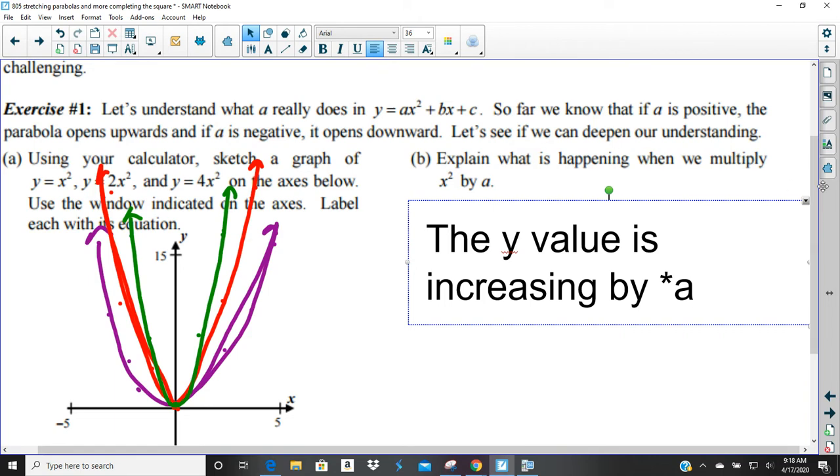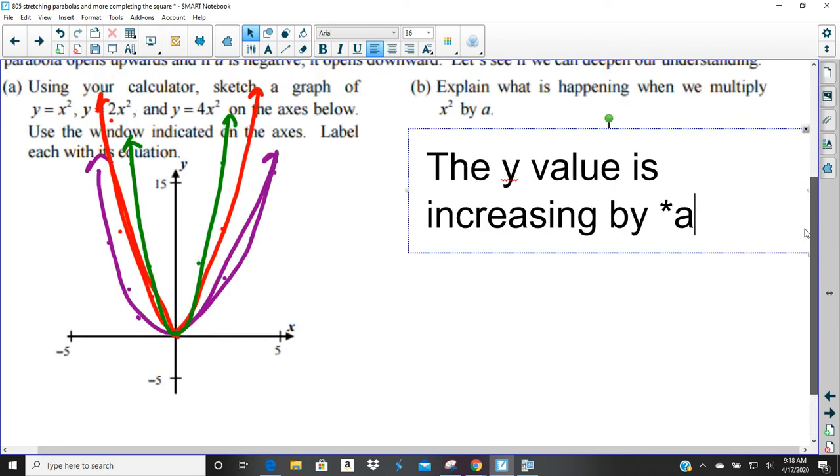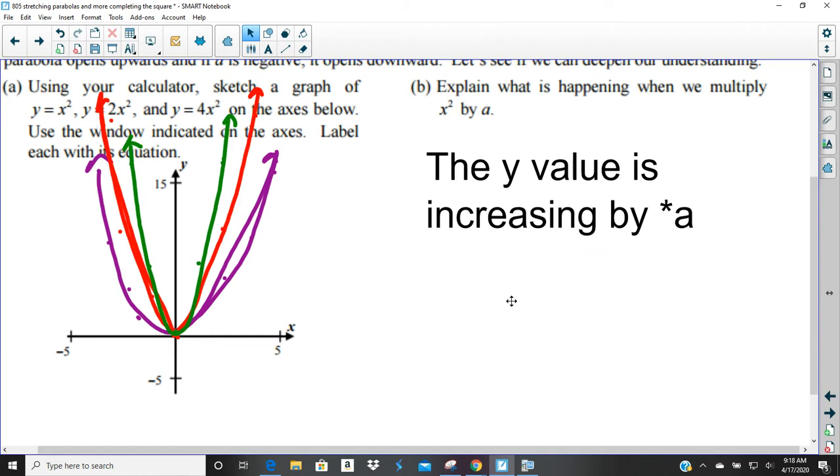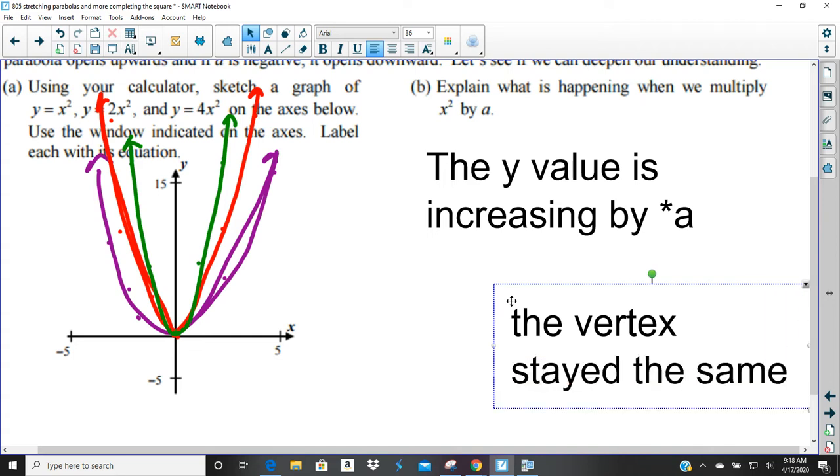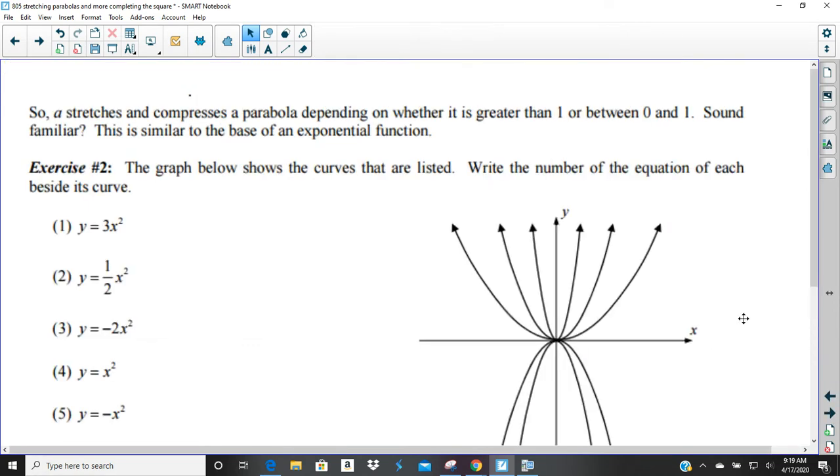So that's giving us a general idea about what's happening. If you noticed, the main thing that's also important is that the vertex stayed the same. So for all 3 of them, they started at 0, 0, right? Okay.